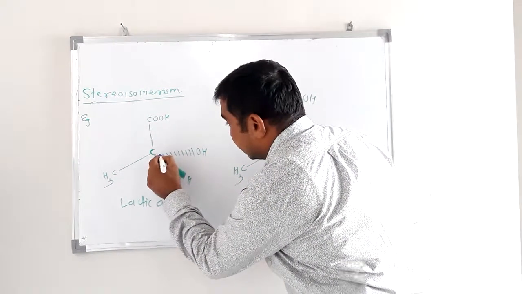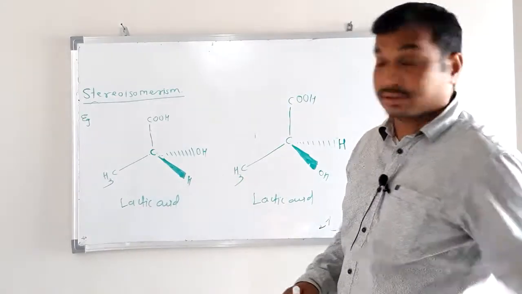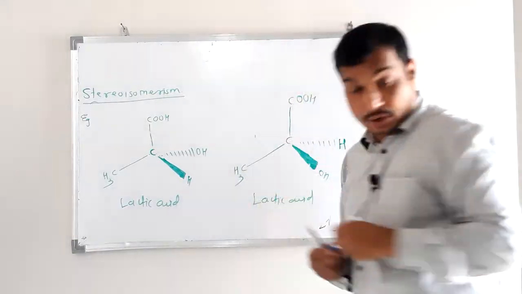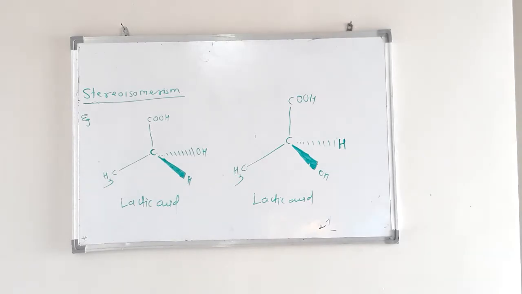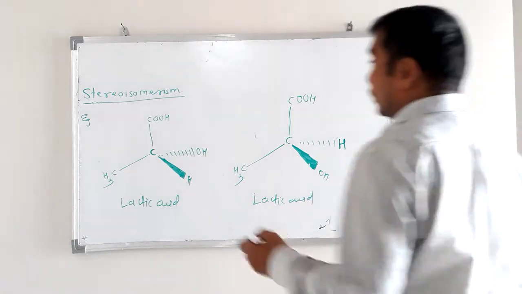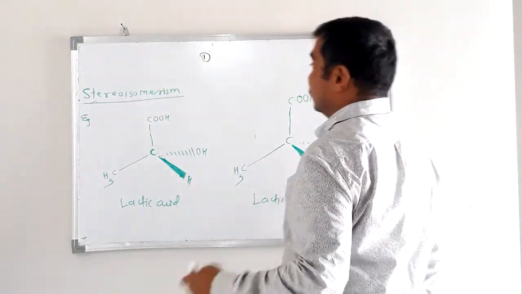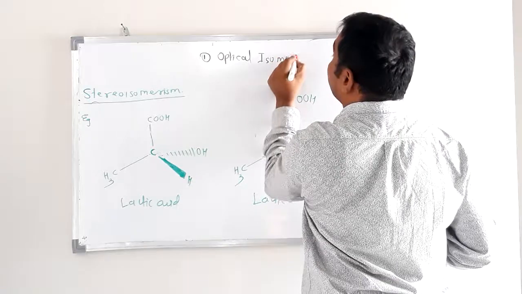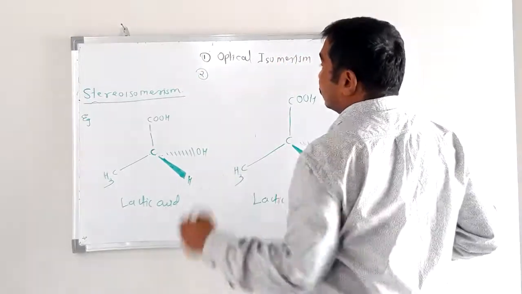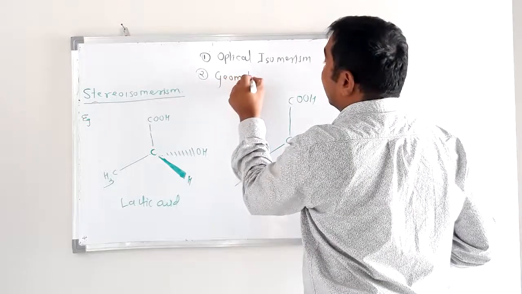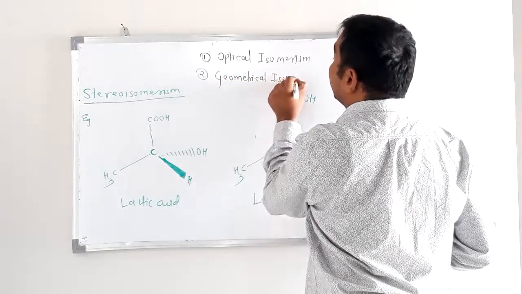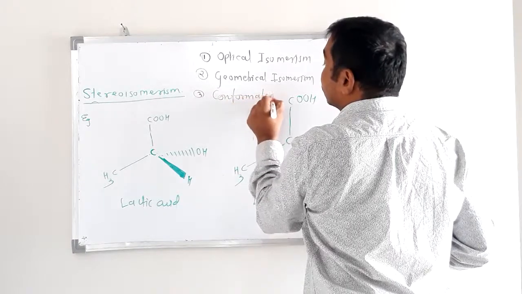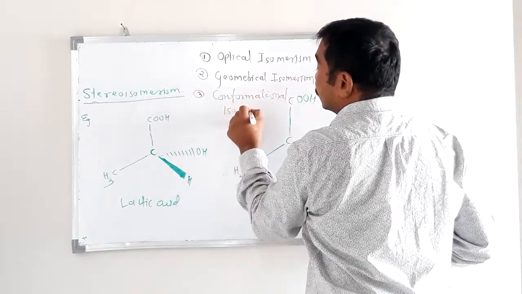Now these stereoisomers are of three types: first optical isomerism, second geometrical isomerism, third conformational isomerism.